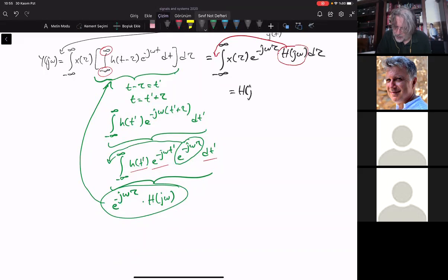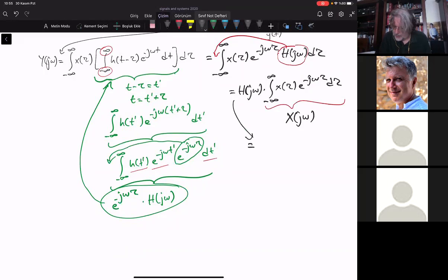H of j omega times the integral from minus infinity to infinity of x of tau e to the minus j omega tau d tau. And what you see here is the Fourier transform of x of tau, which is capital X of j omega. So in short, this becomes h of j omega times x of j omega. And what was it in the beginning? It was y of j omega.